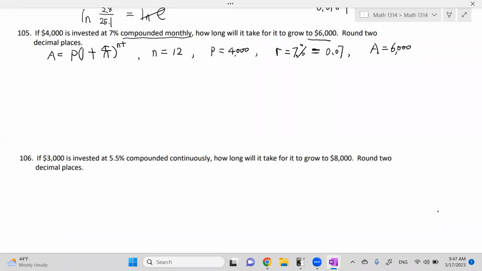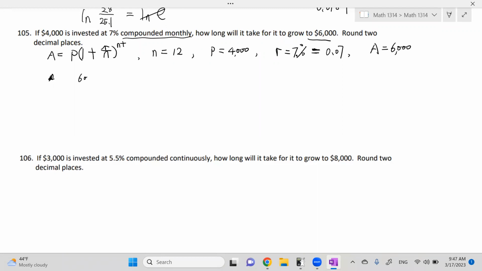Let's put all the information in the formula.